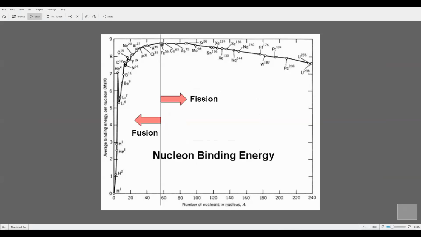But if you try to fuse the iron, going up here, the binding energy is less, so the difference is negative. That means the reaction has a Q value that is negative, is no longer exothermic but endothermic, absorbing energy.